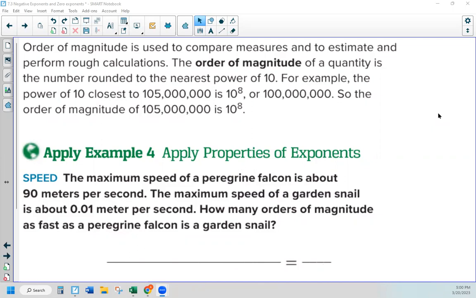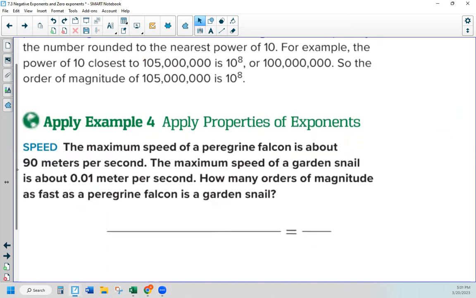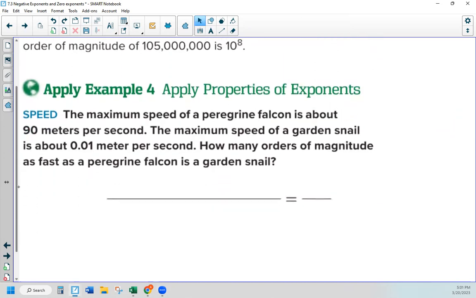So pretty much just take the 1 right here, and everything else behind it is just going to be 0. So yeah, apply example number 4, which is real world work.